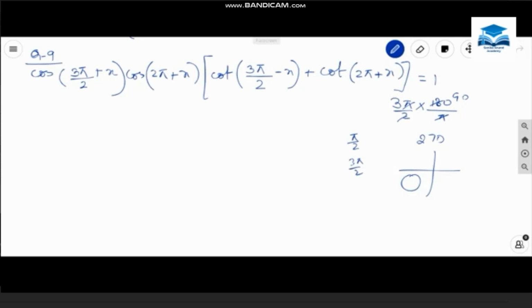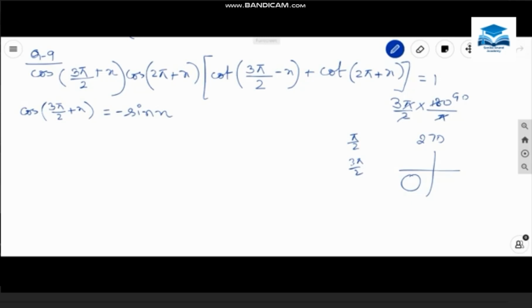That means sine becomes cos, cos becomes sine. Now cos of 3 pi by 2 plus x. So cos theta becomes sin theta, and it is in the third quadrant, so it becomes negative. So the value of cos of 3 pi by 2 plus x becomes minus sin x.